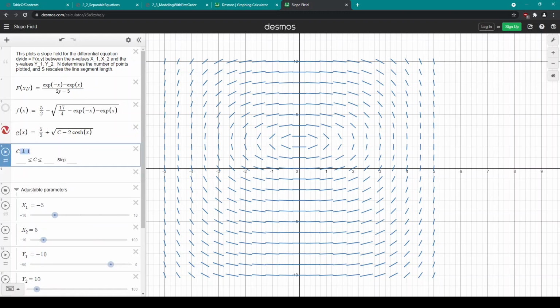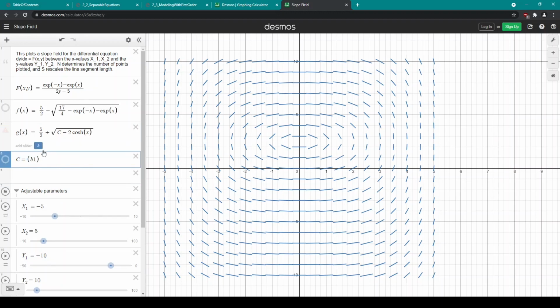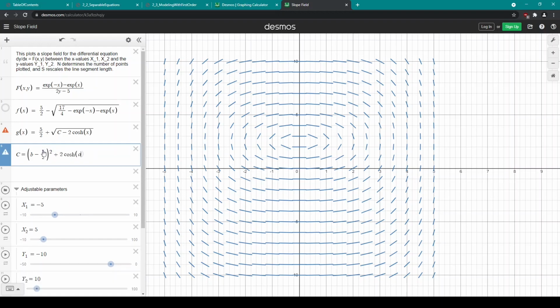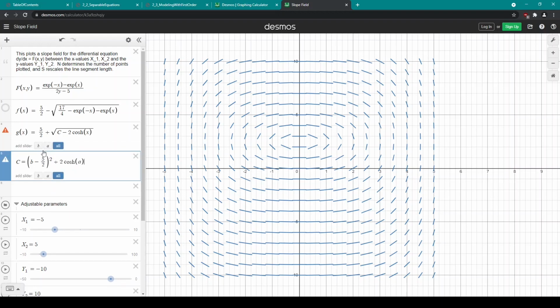And for c, instead of having it be a slider, we want it to be b minus 5/2 squared, not that squared, this squared. Sorry, I'm a tiny bit out of practice for knowing when the stuff is going to show up here.